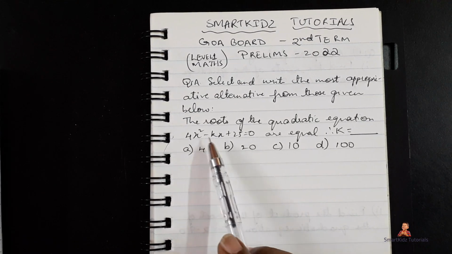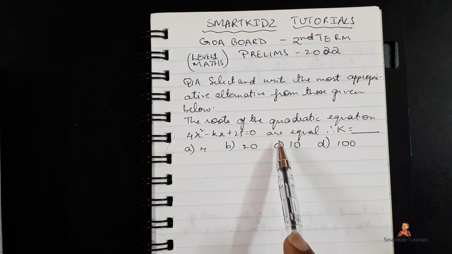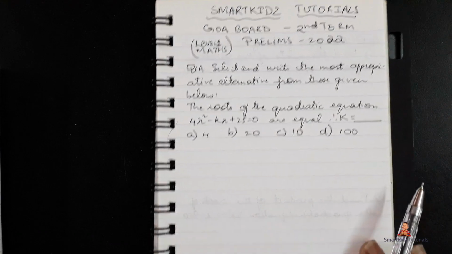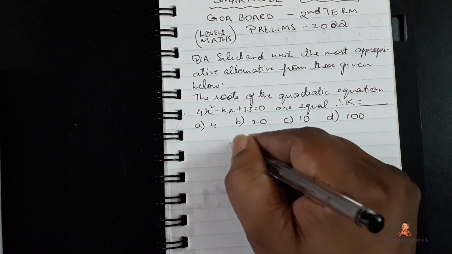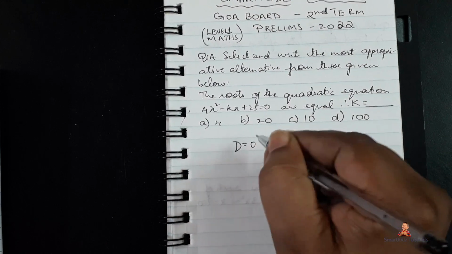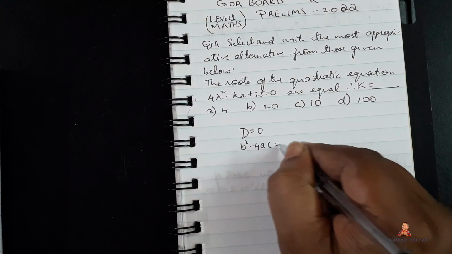Now it says 4x square minus kx plus 25 equal to 0, and the roots of the quadratic equation are equal. If the roots are equal, that means your discriminant, that is D, should be equal to 0, which means b square minus 4ac is equal to 0.